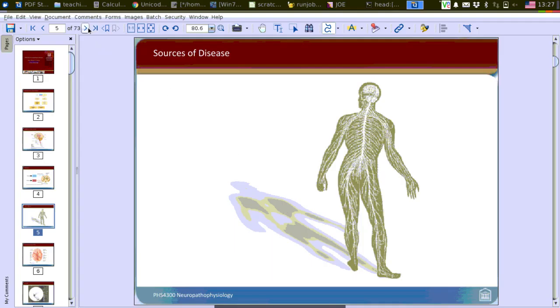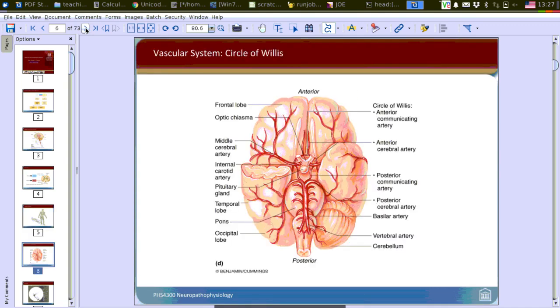So we will now start looking at some of these in greater detail. The first that we'll look at is the vascular system. It's important to note that the brain is highly active, and neurons will die after 5 minutes without blood supply.